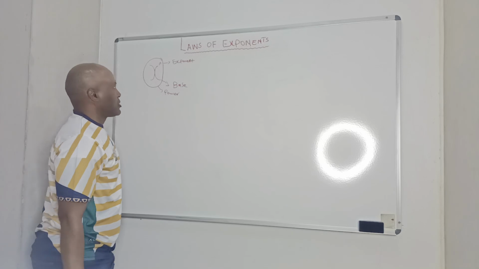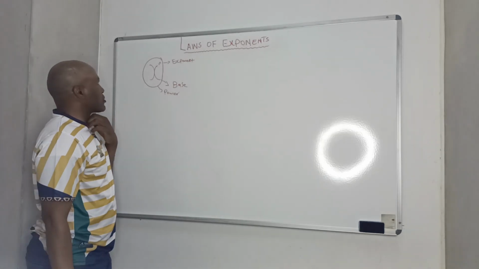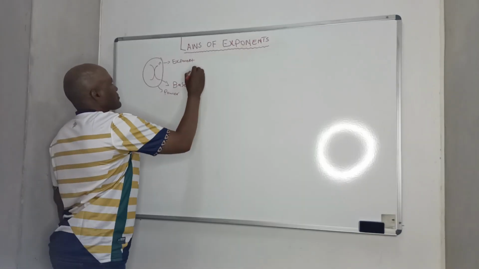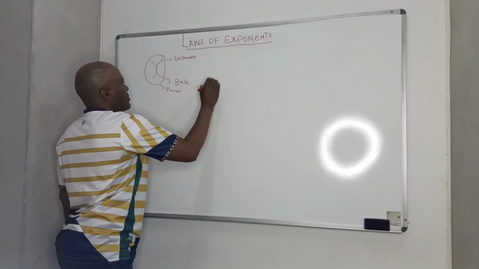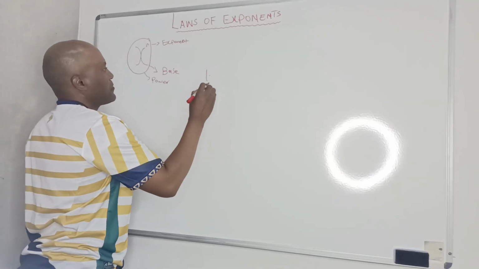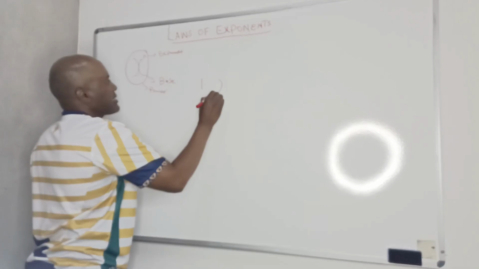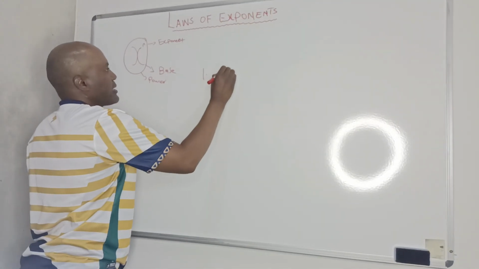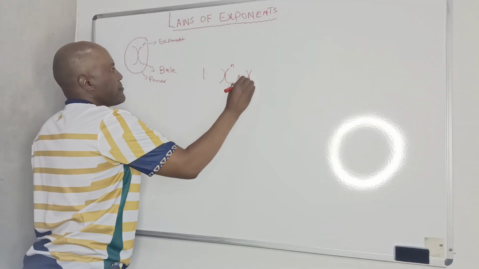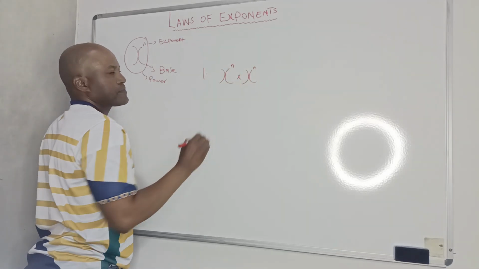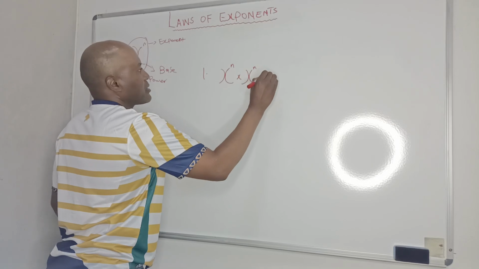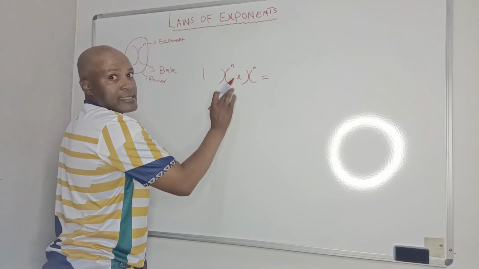Okay, so now let's begin. Rule number one. What does rule number one say? Rule number one says if you are multiplying exponents of the same base, you take one base, and let's say it's m, so that we can differentiate. Can you see the bases are the same?